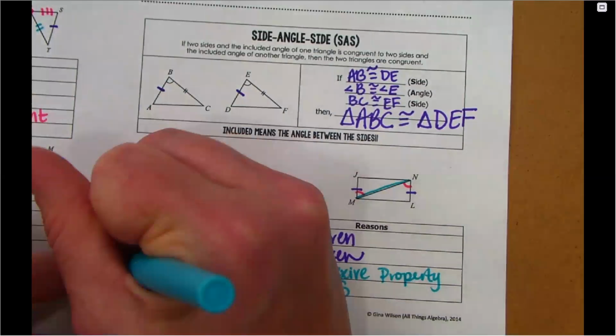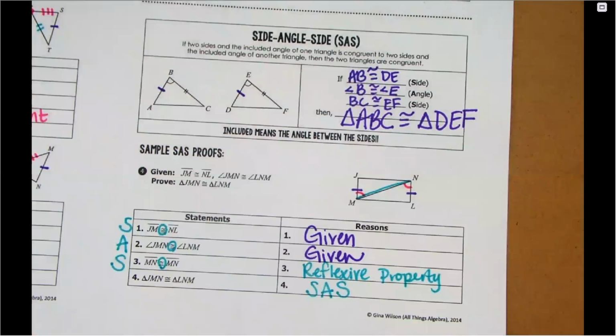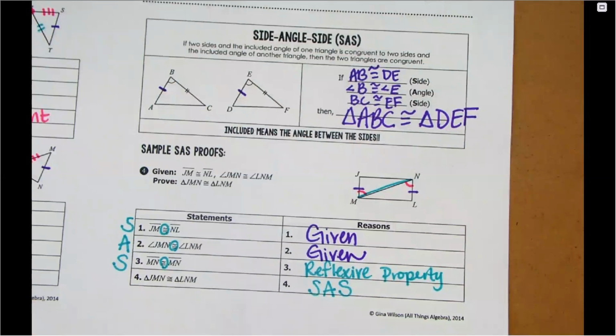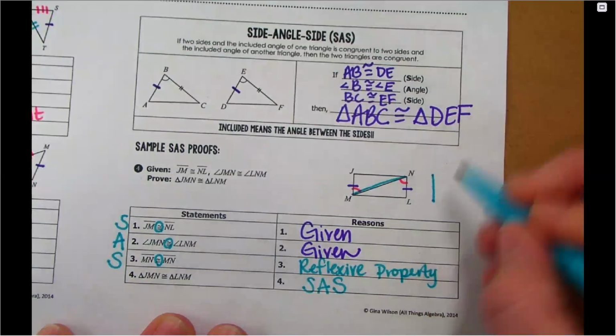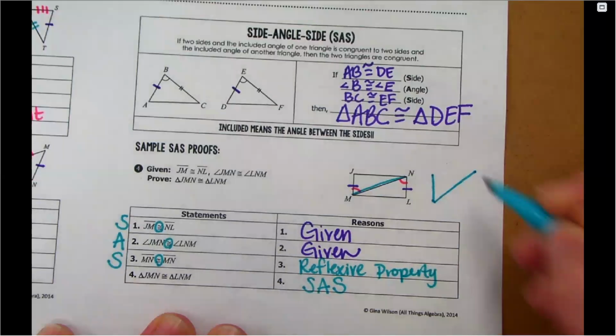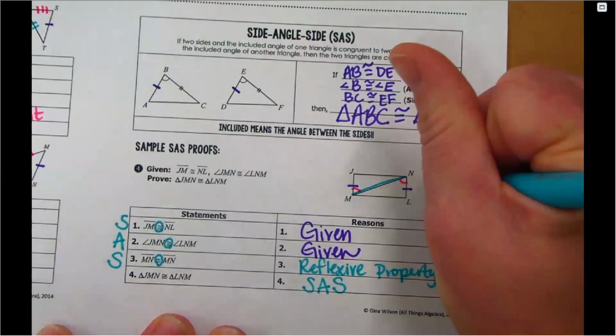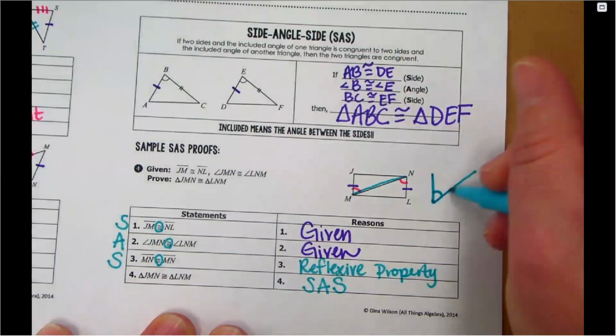Now look, okay? It doesn't have to be written in that order. Sometimes they will be out of order, but what you need to look at is the actual triangle. So if we're looking at the triangle, we have the outer side and the middle side and the angle that's in between those. So that is side, angle, side.